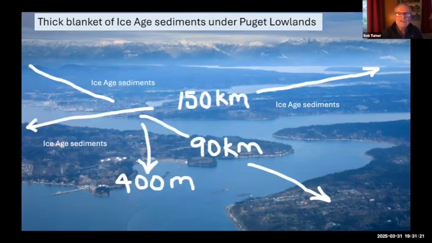So this is a big deposit of ice age sediments, about 150 kilometers north-south, 90 kilometers east-west, and on average 400 meters thick, in places as much as 1,000 meters or 3,000 feet of sediment under the Puget lowlands.